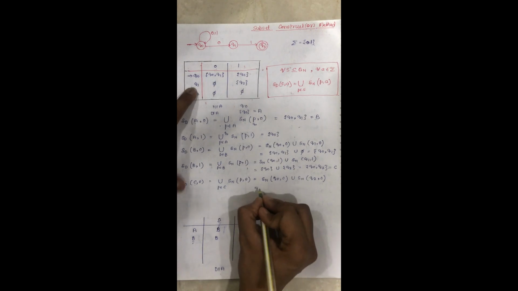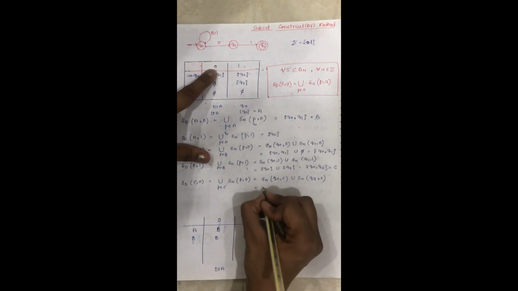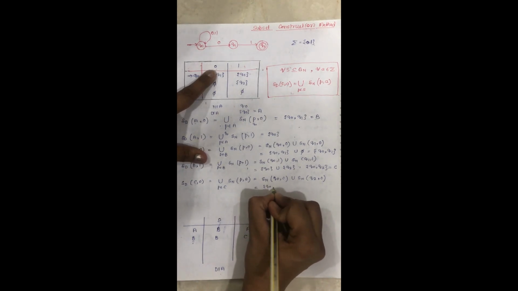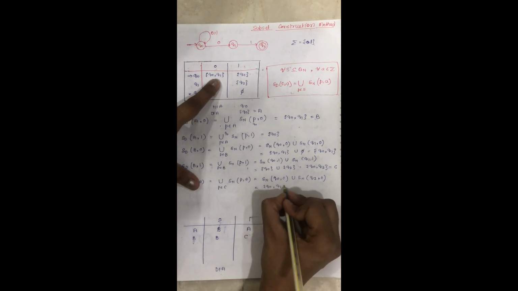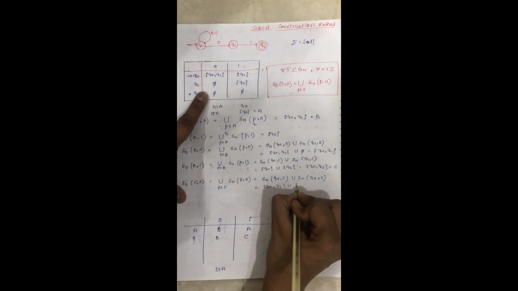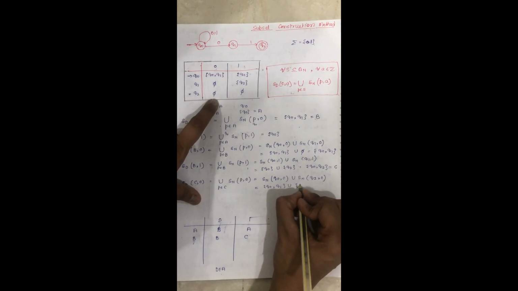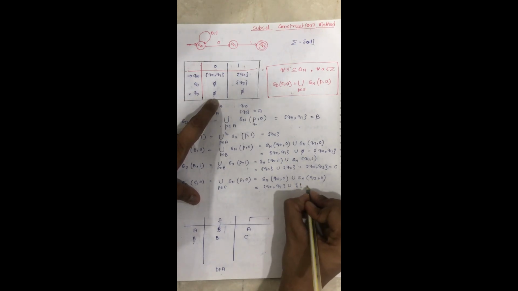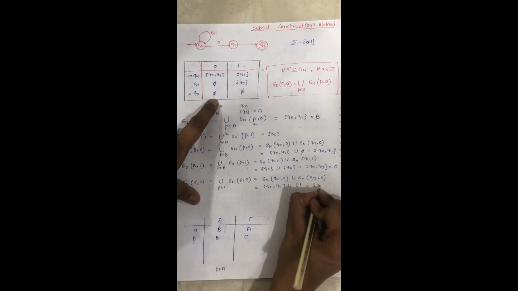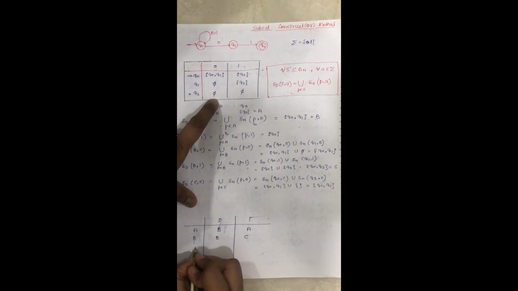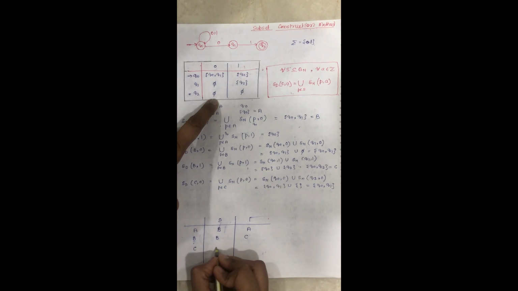So at Q naught for input symbol 0, the next states are Q naught comma Q1, union at Q2 for input symbol 0, that is phi, the empty set. So here we will obtain Q naught comma Q1. So at state C for input symbol 0, the next state is B.